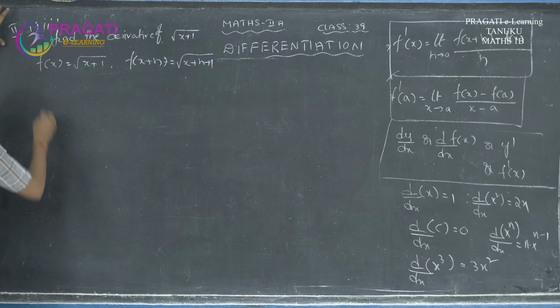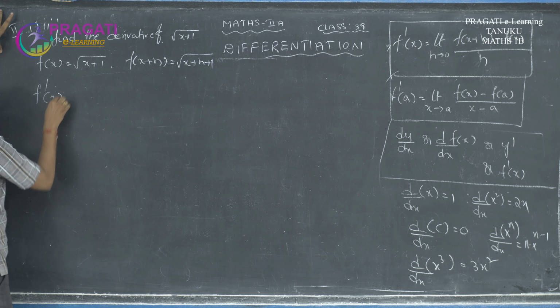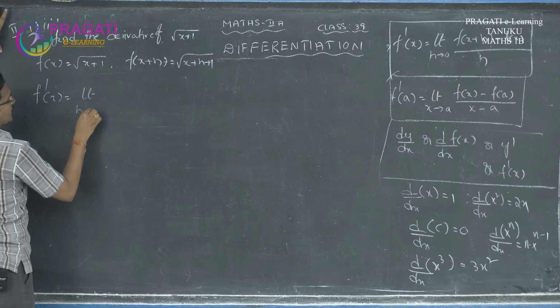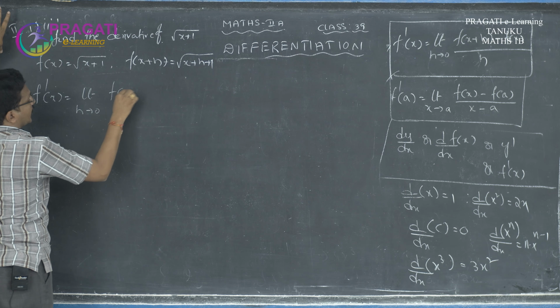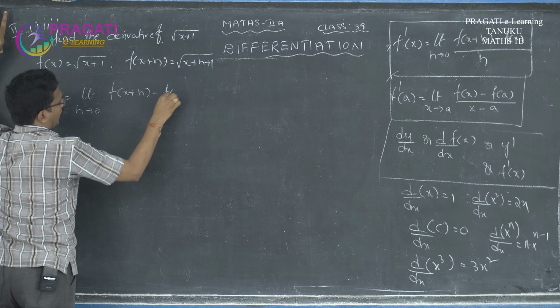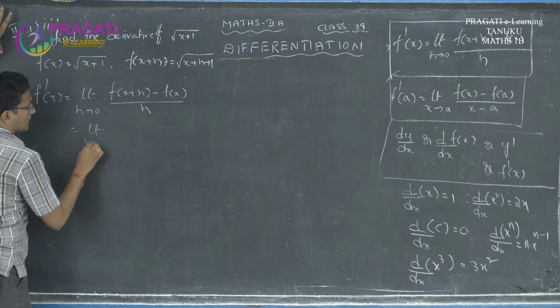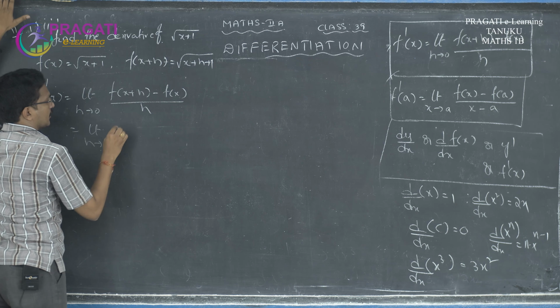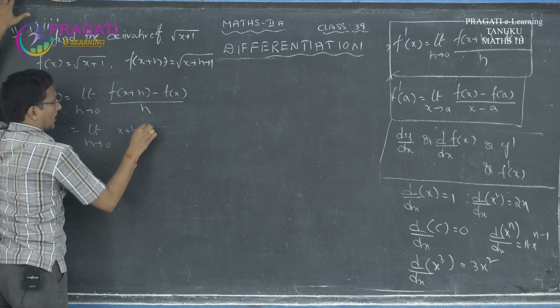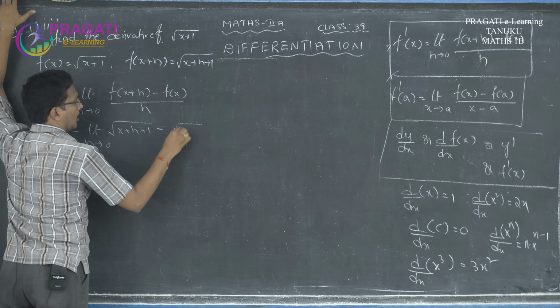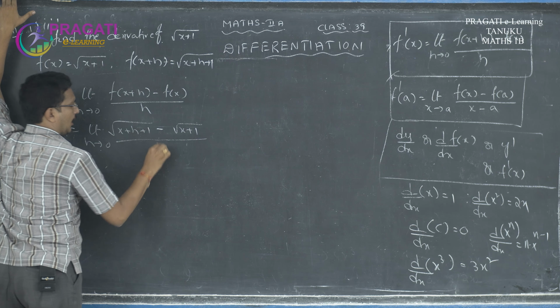What is the formula? The derivative formula is f dash of x is equal to limit h tends to 0, f of x plus h minus f of x by h. Here limit h tends to 0, f of x plus h means root of x plus h plus 1, minus root of x plus 1, by h.